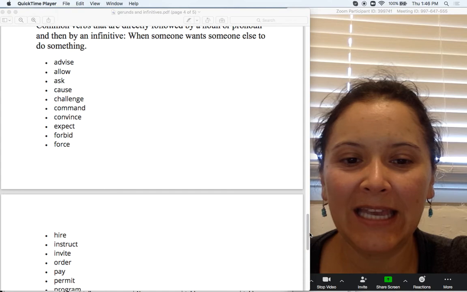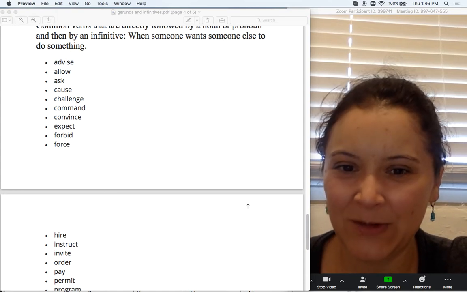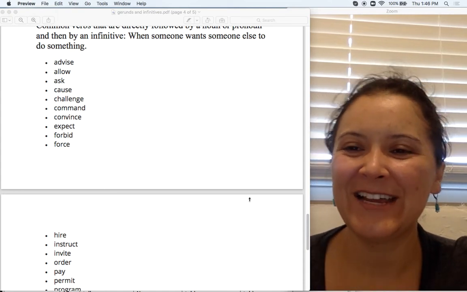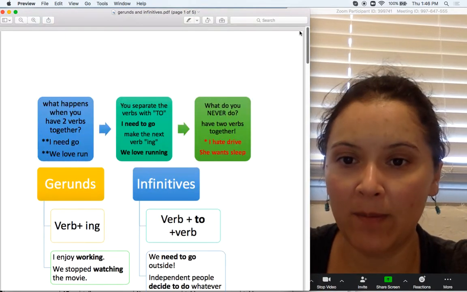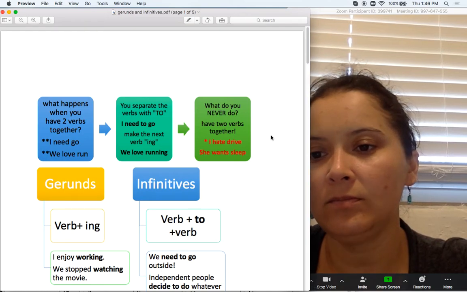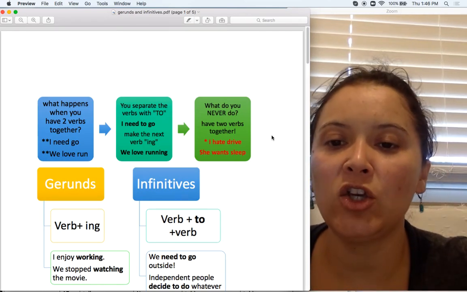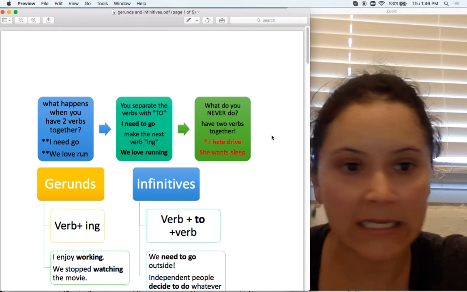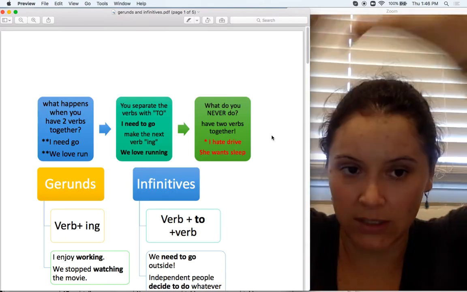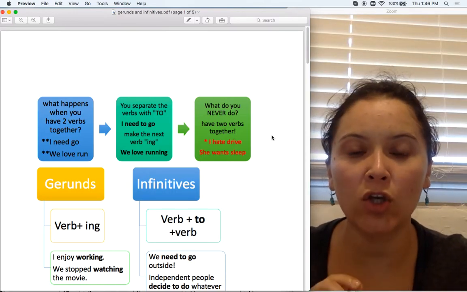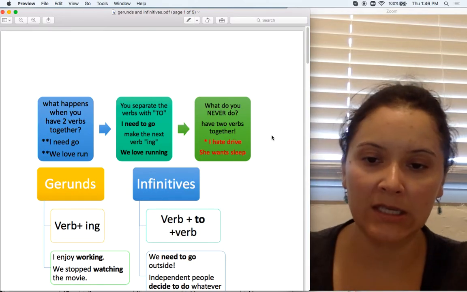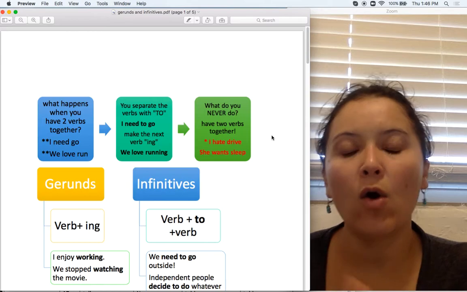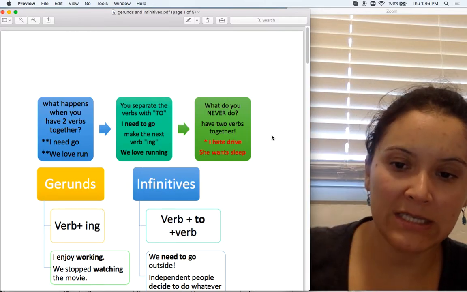So basically, in a nutshell, what does it mean to say in a nutshell? In a nutshell means in simple form, in short form. In a nutshell, you cannot use two verbs together. That's it. That's the point of this whole lesson. You cannot use two verbs together. You can only do one of two things. You can use the gerund or you can use the infinitive, right?